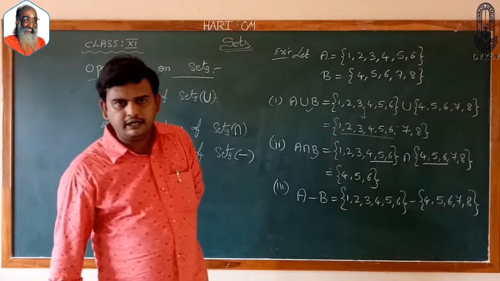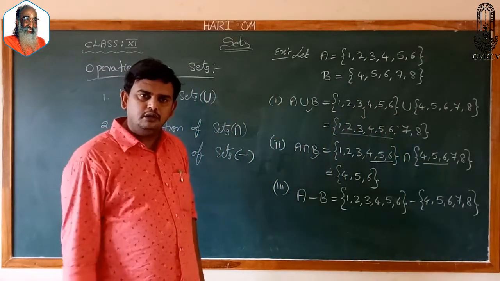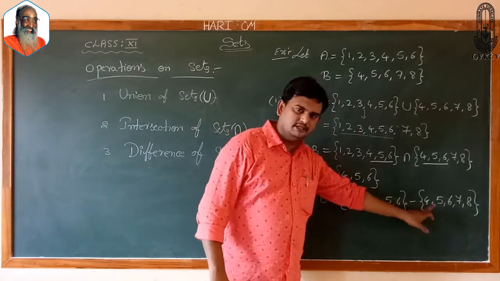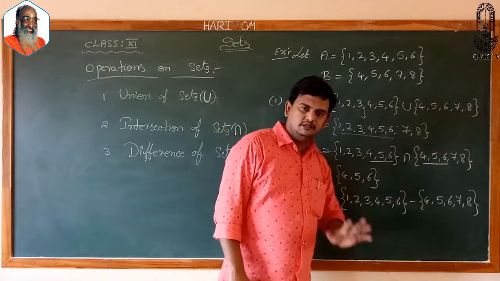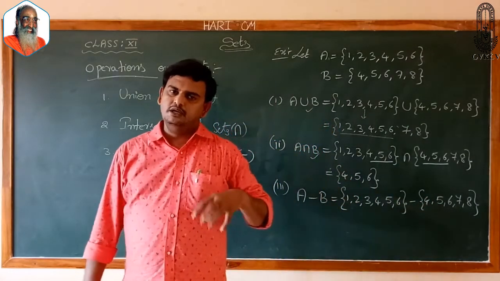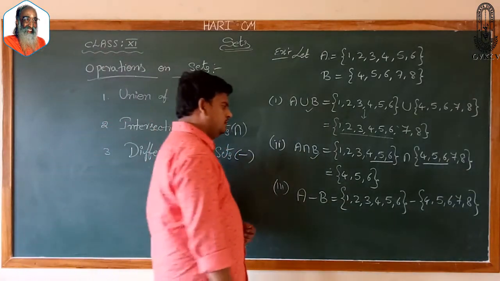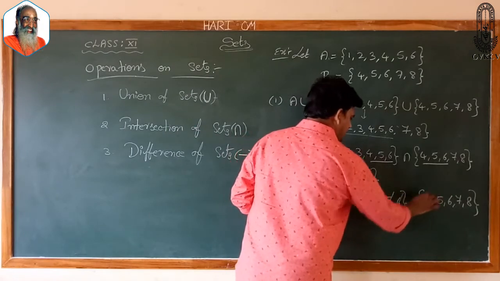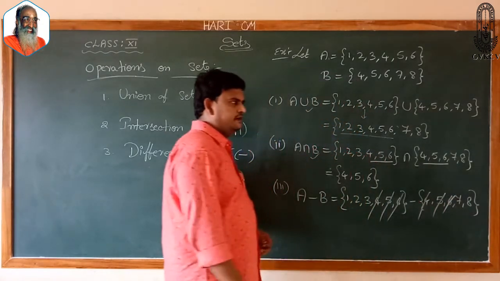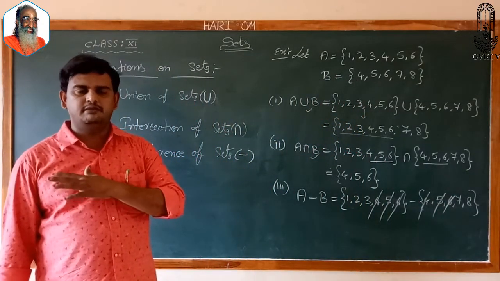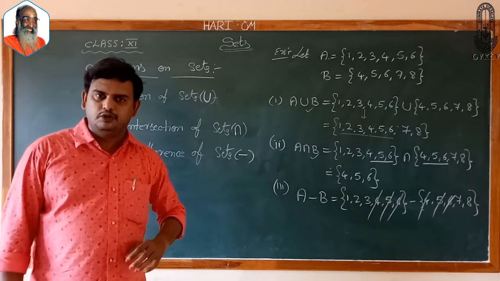So while subtracting the elements, it does not mean 1 minus 4, 2 minus 5, 3 minus 6. That is not the meaning of subtraction. Here the subtraction is entirely different. First we need to eliminate the common elements. 4, 5, 6. Common elements are eliminated successfully.